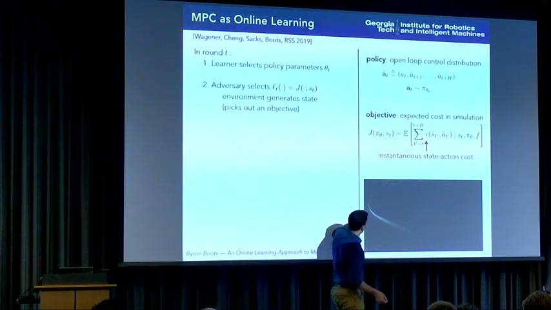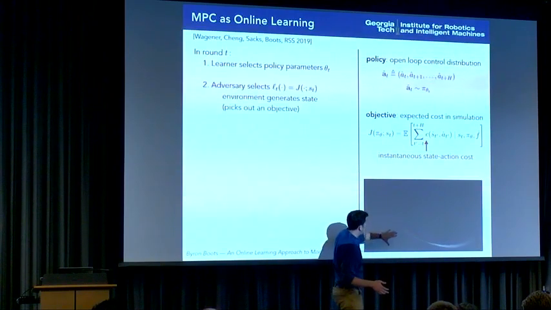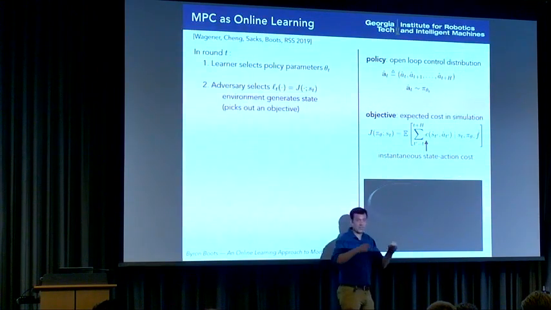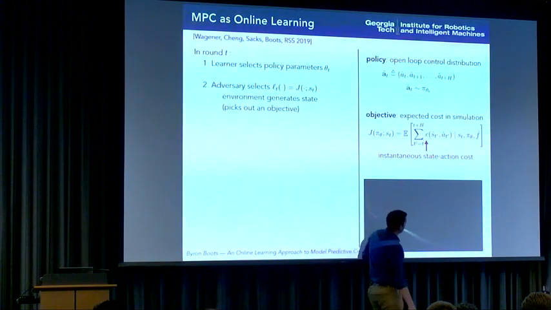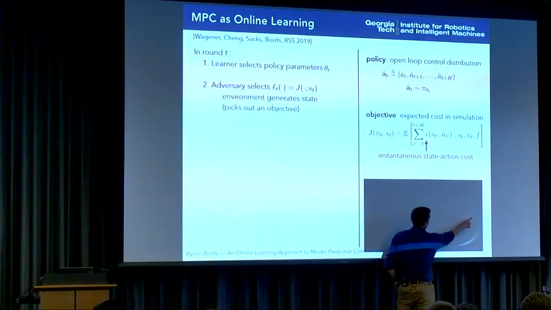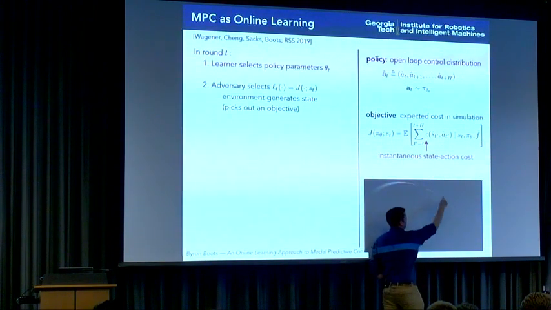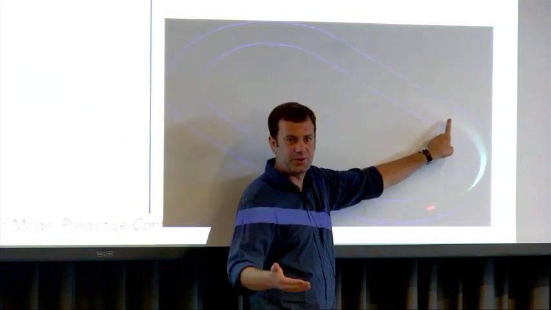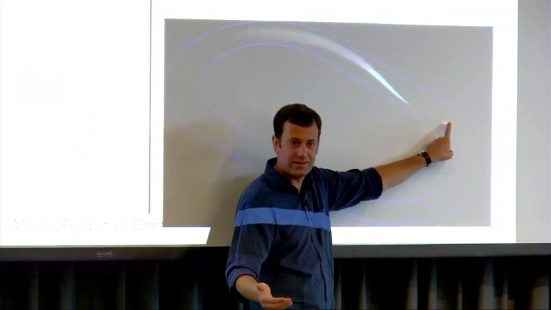But another way of thinking about this is, I don't necessarily know exactly where the simulator or the world is going to place me in simulation. I just have some policy. So for example, if I have an open loop policy which results in a state distribution which is basically straight, and the world places me here in the simulator, then that distribution is going to have low cost.